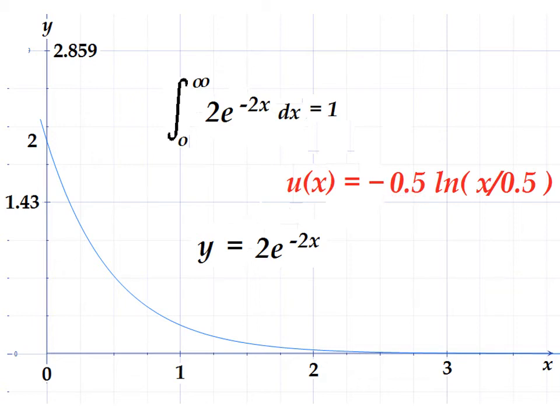Notice that that is the reciprocal of 2 times the natural log of x over 0.5, and we will generate a random variable given the exponential distribution for any parameter we wish, remembering that this number will be the reciprocal of this parameter, and this number that I'm underlining here will also be the reciprocal of this parameter.